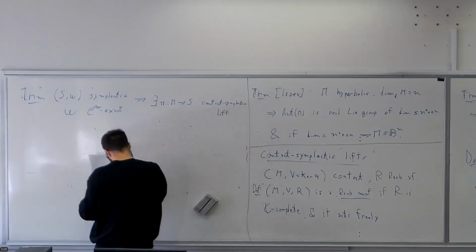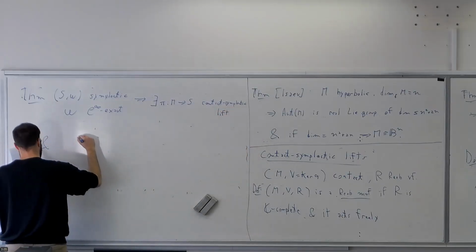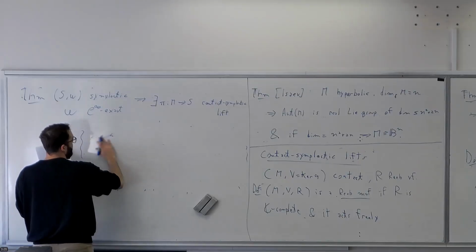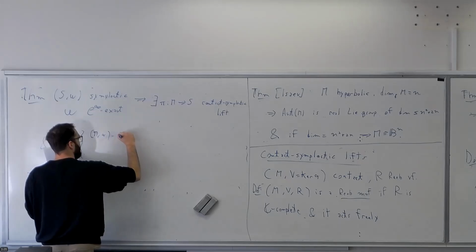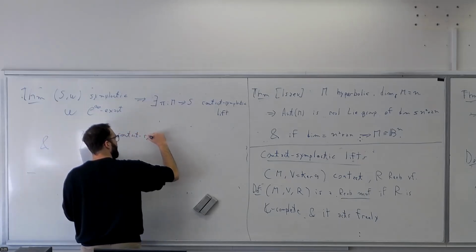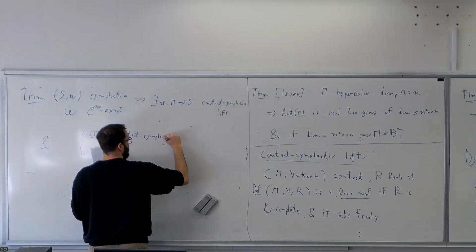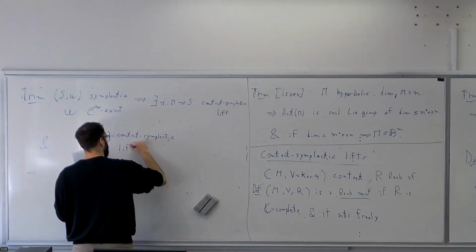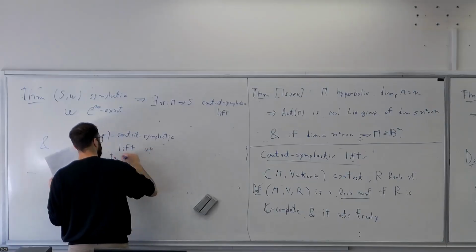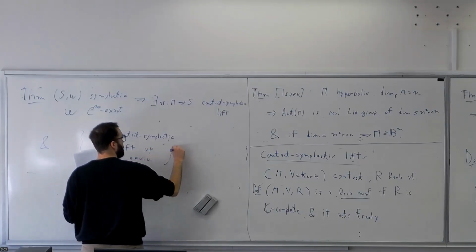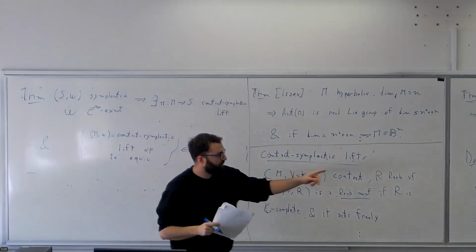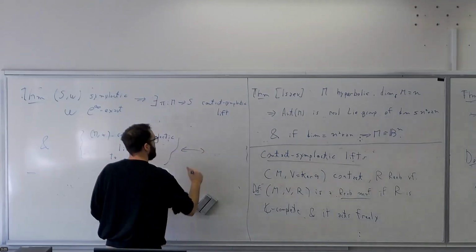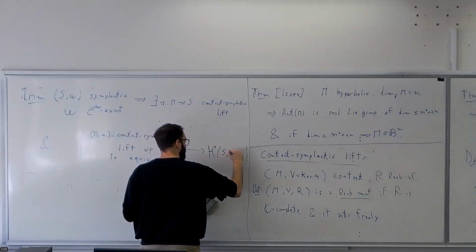And the possible pairs (M, alpha), contact symplectic lifts up to equivalence, are in bijection, not with H1(S, O), because that is just all the possible M's. If you take the form into account, this turns out to be in bijection with H1(S, C).